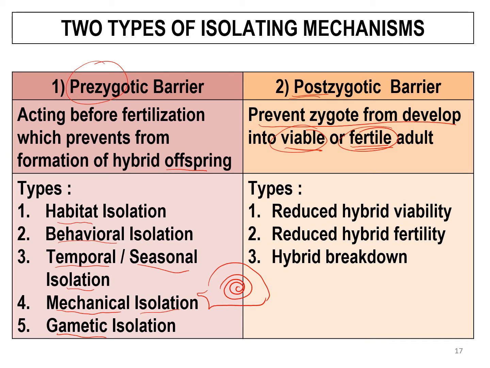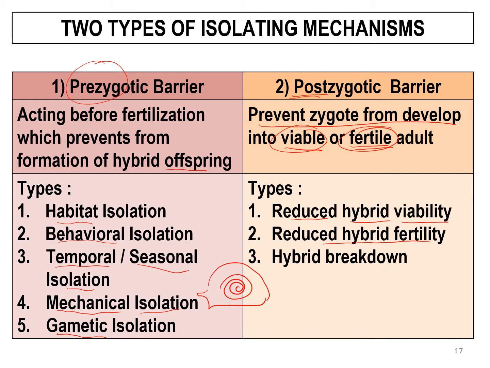So there are three types of postzygotic barrier. Reduced hybrid viability, meaning that the zygote is produced but it cannot develop into a viable one. Dia tak boleh menjadi organisma baru. Biasanya kalau macam kita, maknanya kita kata gugur. Okay, mungkin gugur dan tak jadi anak, tak jadi baby.